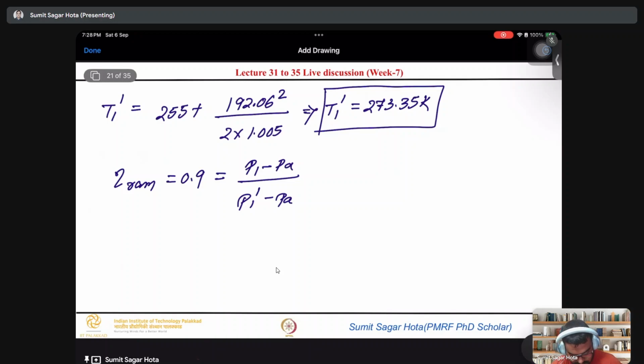If we have P1 dash, then we substitute in the ramming efficiency and find P1. Just apply the isentropic T-P relation.